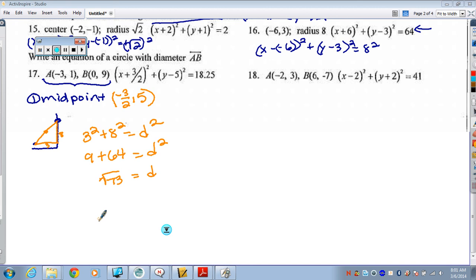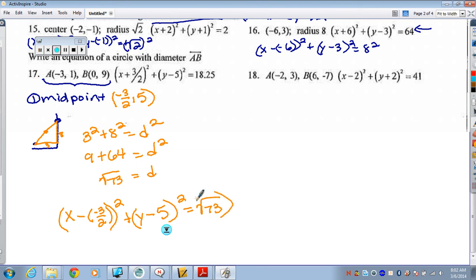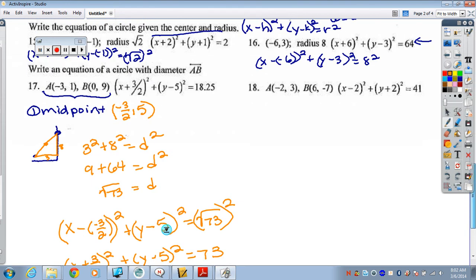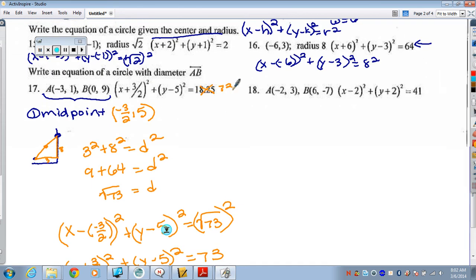All right, so when writing your equation, x minus, use your center, negative 3 halves, squared, plus y minus 5 squared equals the square root of 73 squared. That's going to give me x plus 3 halves squared plus y minus 5 squared equals 73.